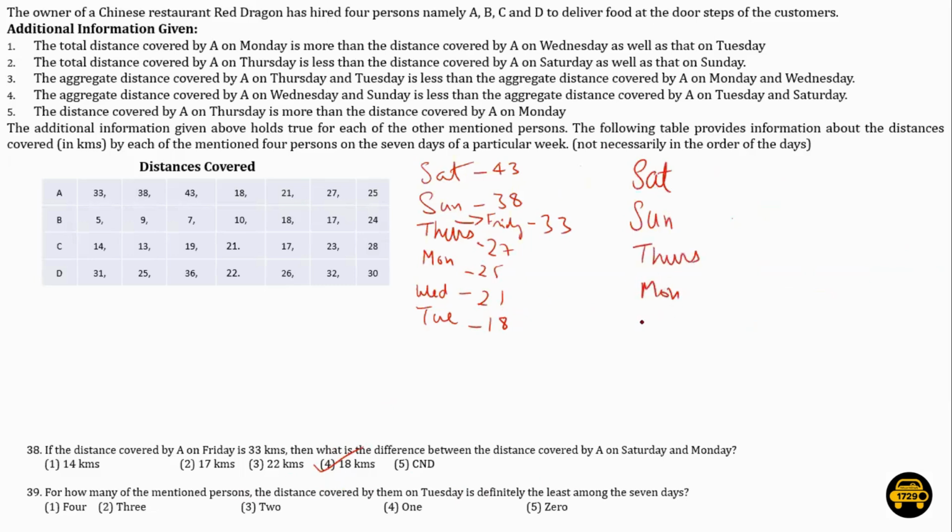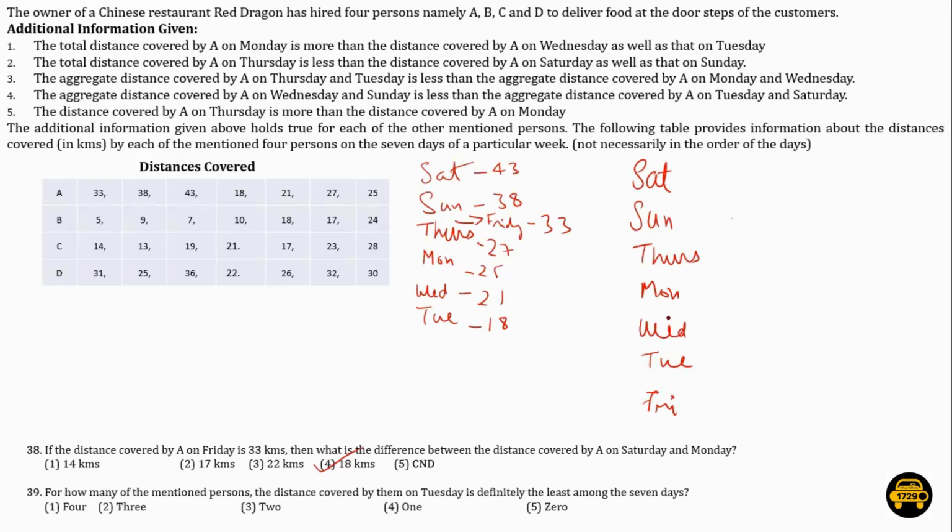Now, we know about all other days except for Friday. So if for someone the distance covered by them on Friday is least, then for that person, the distance covered on Tuesday cannot be the least, or of course, Tuesday will be the day where the person will be covering the least distance.